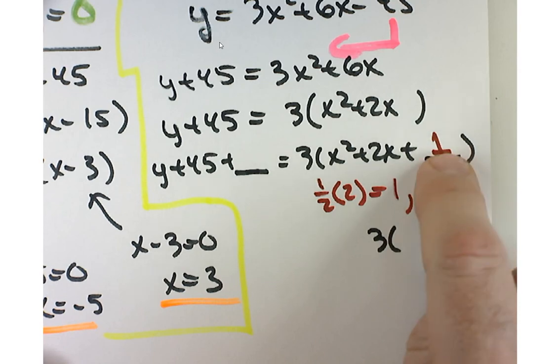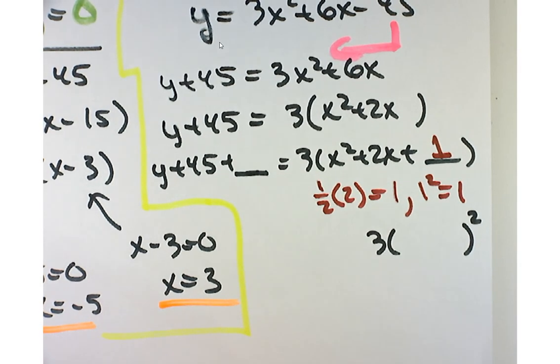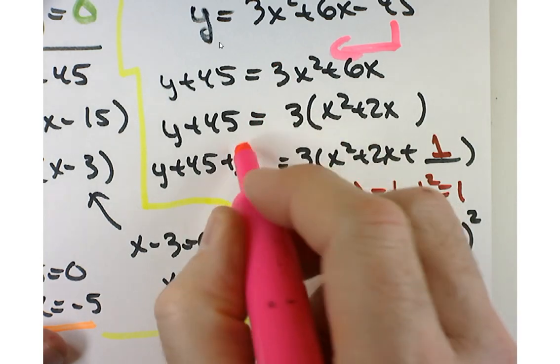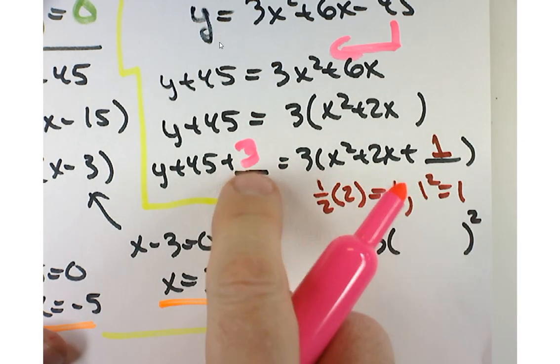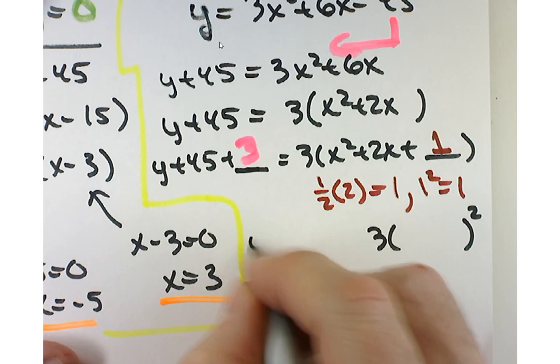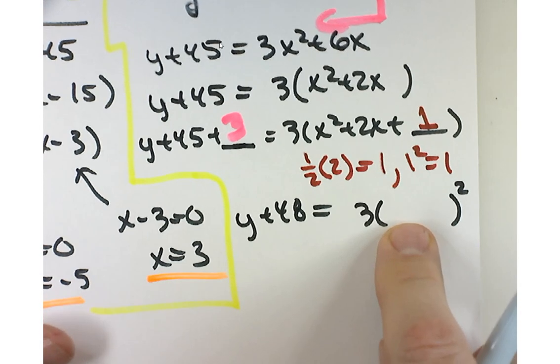So putting a 1 here means what should I put over here? 3. 3 times 1 is 3. So effectively by putting a 1 here, I've added 3 to the right-hand side. And in that way, I'll also add 3 to the left-hand side. Now the left-hand side is y plus 48. How about the right-hand side?